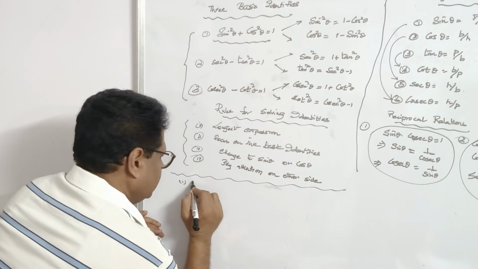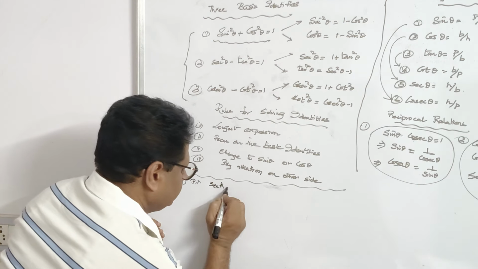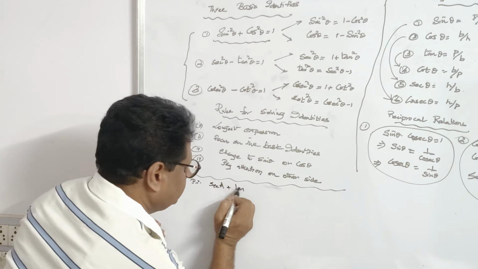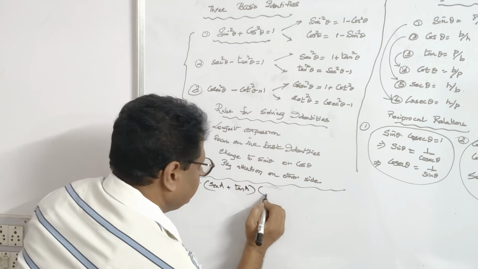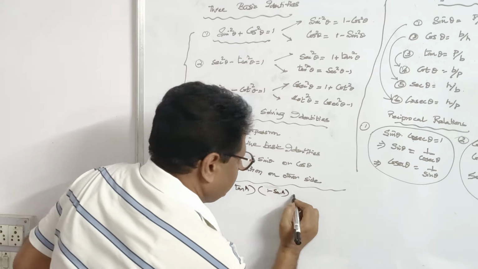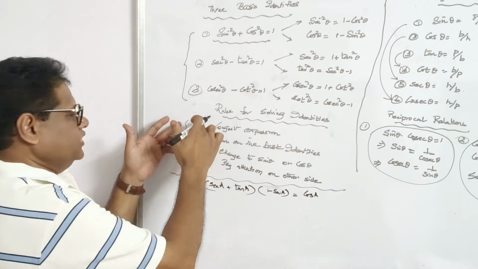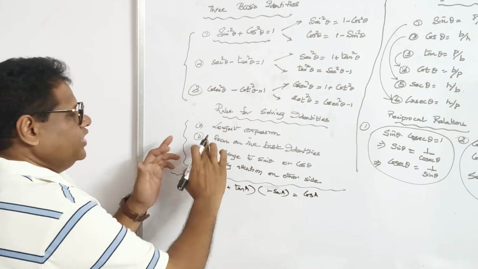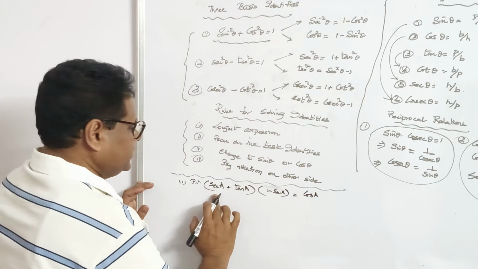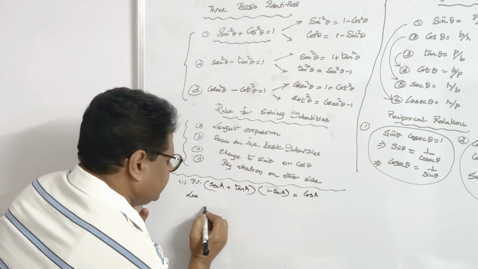First, prove that (sec A + tan A)(1 - sin A) = cos A. Now as per the rules discussed, we are supposed to take the longest expression, so let this be the longest expression. That means begin with LHS, the left hand side.